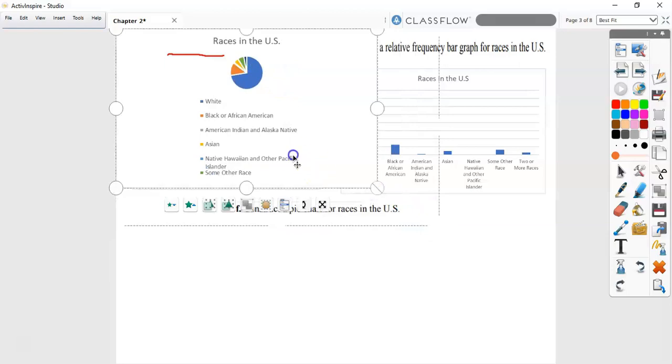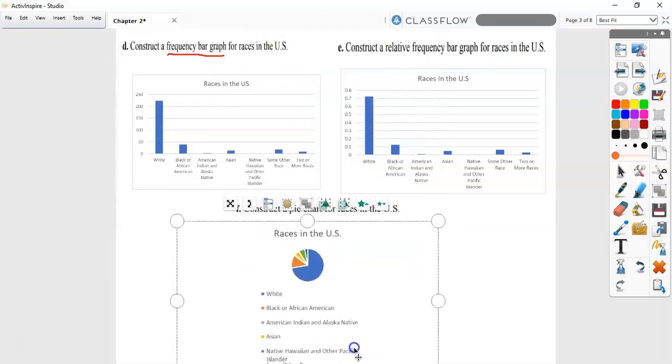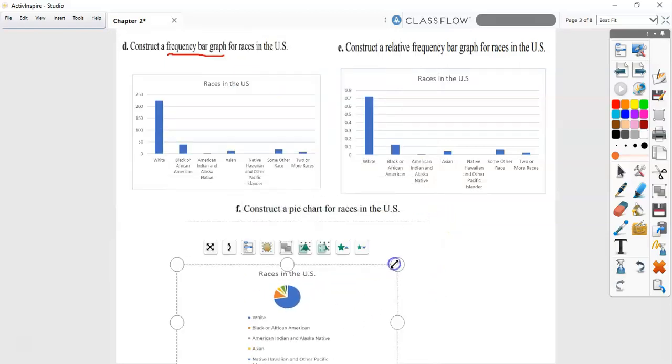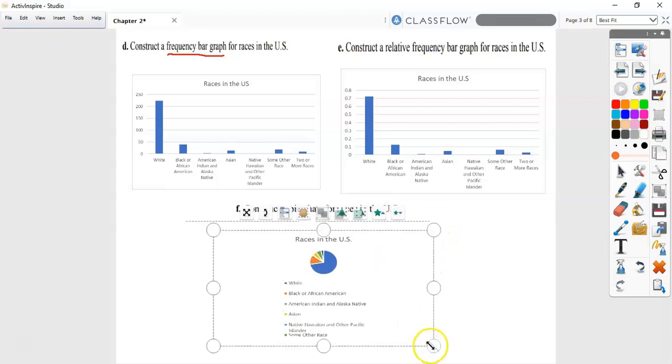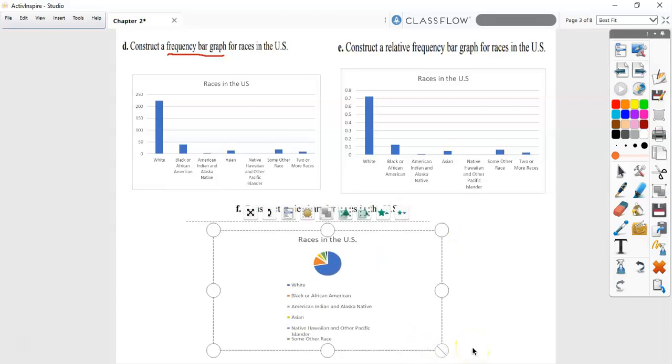So it's labeled per color, the races in the US. There you go. That's section 2.1, which is organizing your qualitative data, and then creating frequency and relative frequency bar graphs and pie chart.